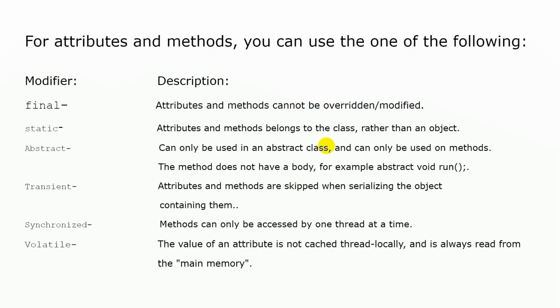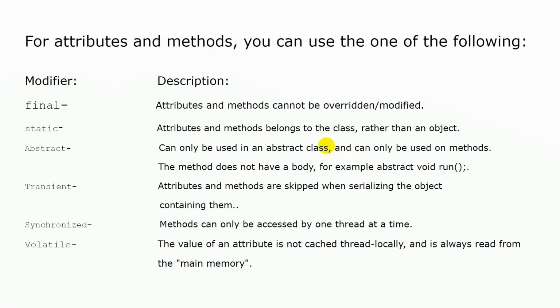If we make our attribute or method static, it belongs to the class rather than to an object. If we make it abstract, it can only be used in an abstract class and only on methods. The method does not have a body, for example, abstract void run.